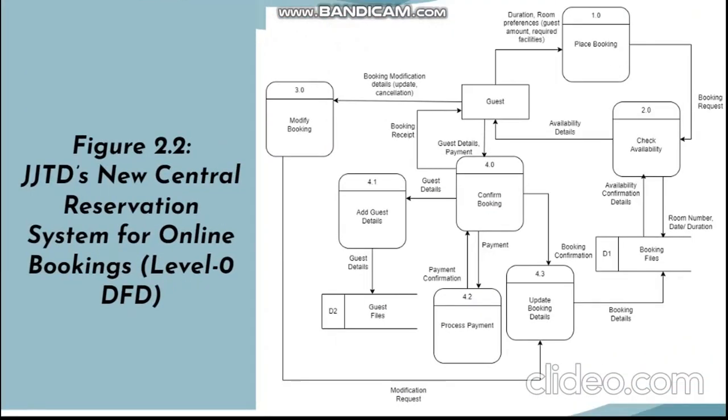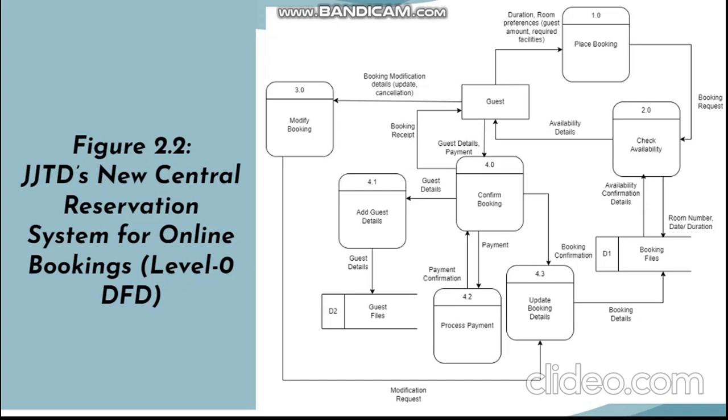Figure 2.2. In the hotel's booking section of the data flow diagram, guests can reserve rooms and amenities tailored to their preferences and budget. The platform offers immediate updates regarding room availability, enabling guests to select from a range of options. Following the room and amenity selection process, secure transactions occur.